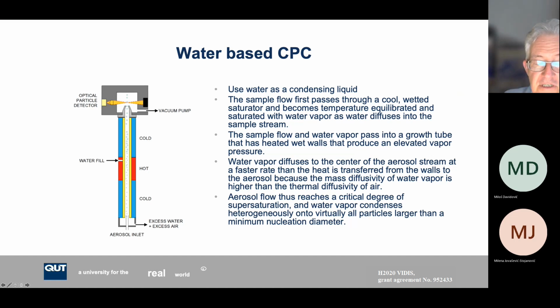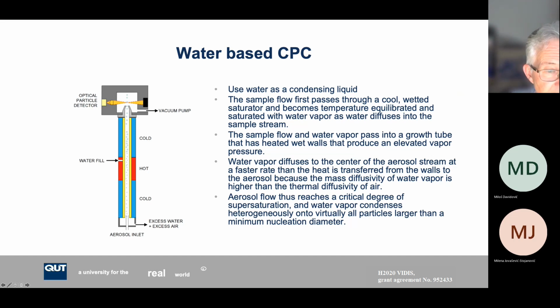But it uses a property of water: water will diffuse to the center of the tube faster than the heat will, because of these hot walls. The hot walls push the water molecules towards the center, while the air needs a longer time to pass the heat towards the center of the tube.